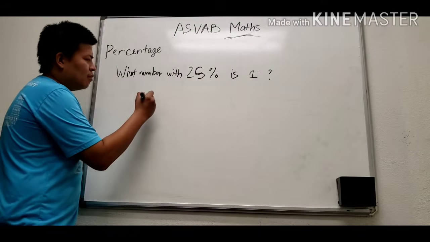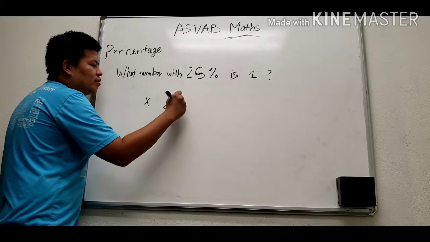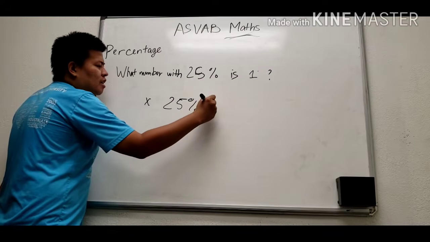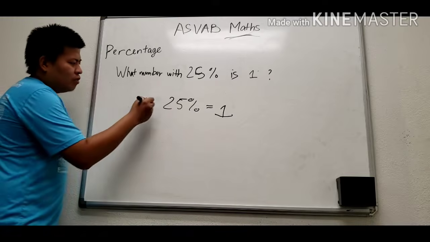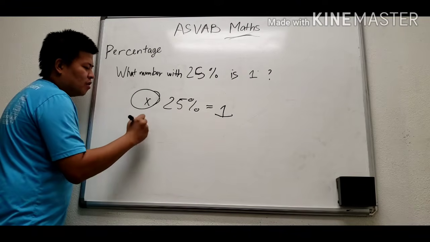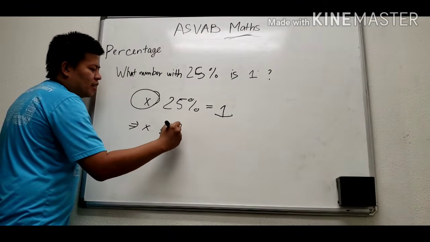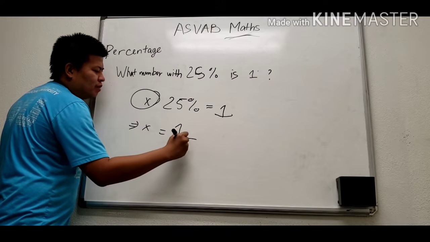It means they ask about S with 25% equal to 1. So to calculate S, we just put 1 divided by 25%.